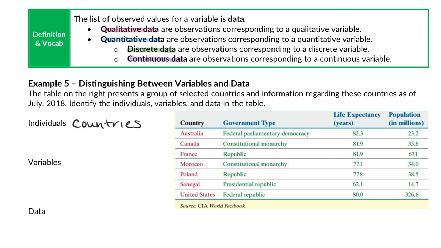So my individuals would be Australia, Canada, France, Morocco, Poland, Senegal, and the United States. Those are my individuals in this study. What are the variables? The population, life expectancy, and the type of government.